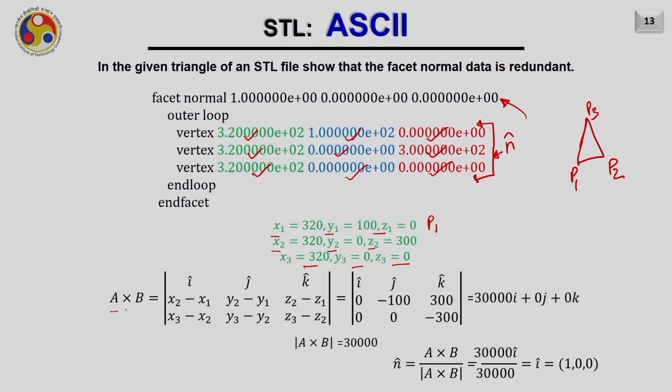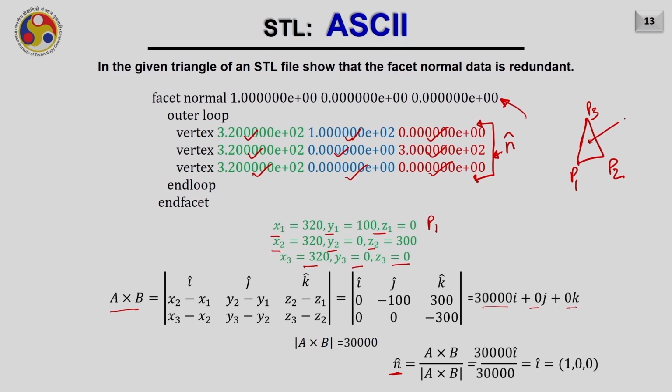Now, I can easily find out A cross B, and A cross B comes out as 30,000 i plus 0 j plus 0 k.